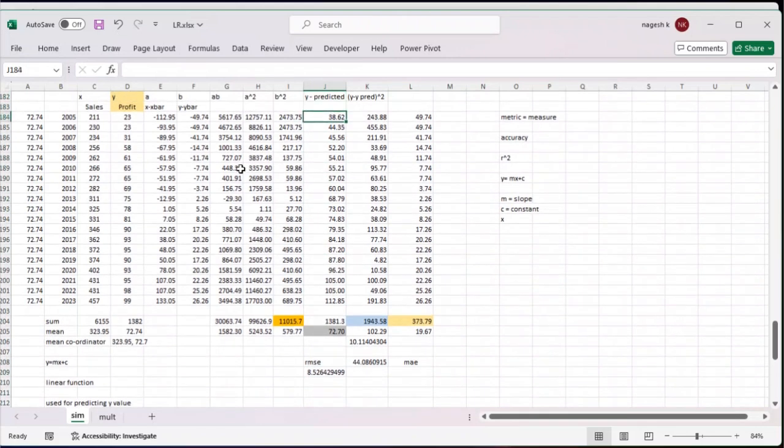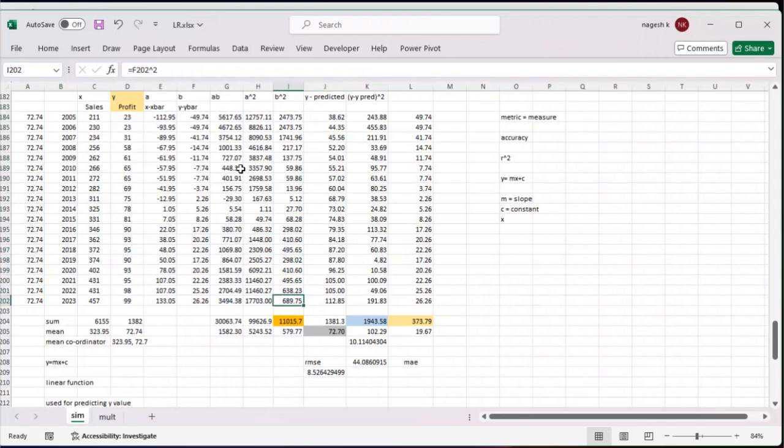This is the predicted value. The error is not that much, but earlier, how much was the error? It was minus 49, right? This was the error. So this is huge, and it's not even a positive value. And the predicted value here is 38.